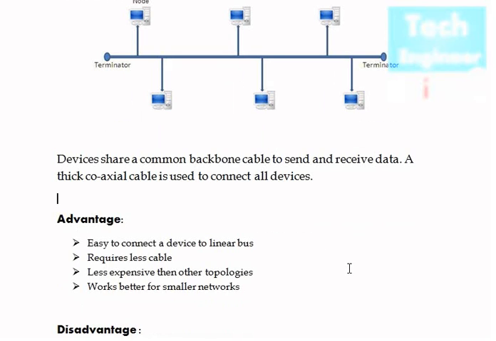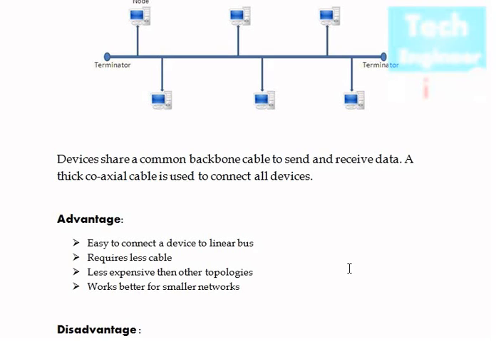Now, in the bus topology, the server is connected at one end of the backbone cable, and the other devices are connected at different positions along the backbone cable, known as the trunk.